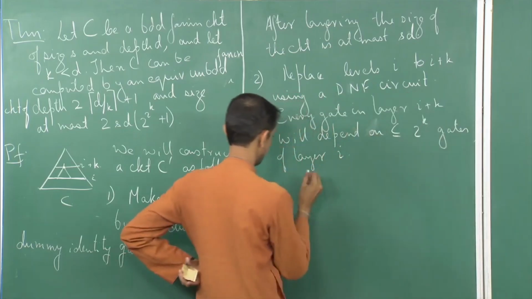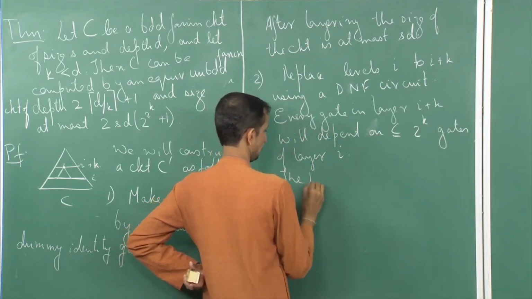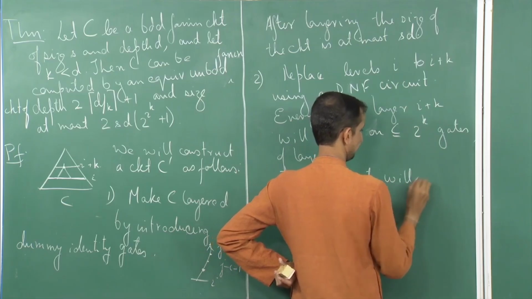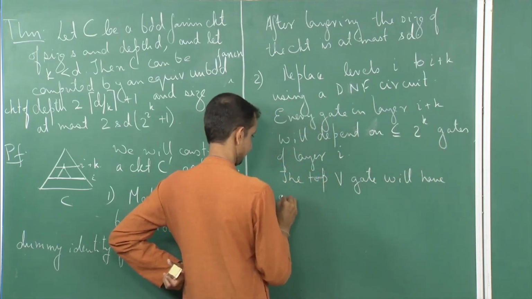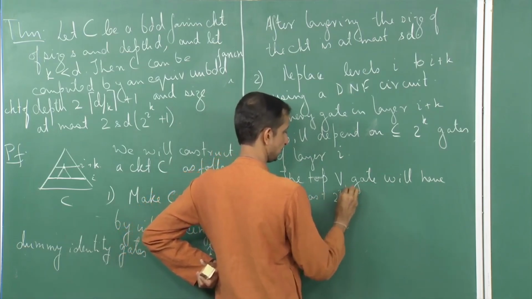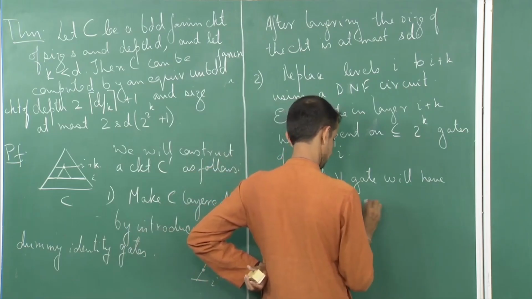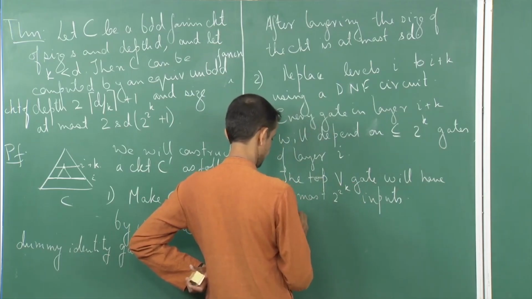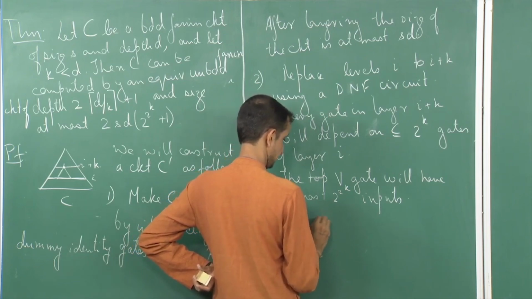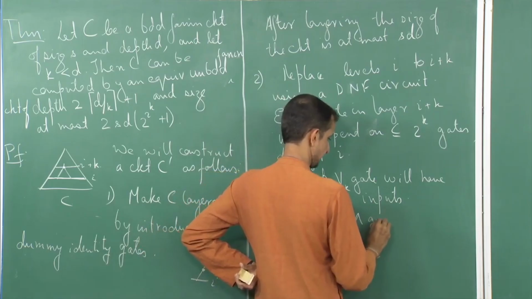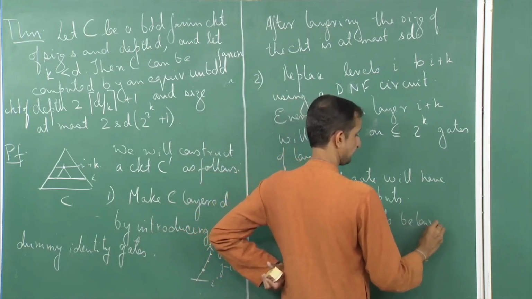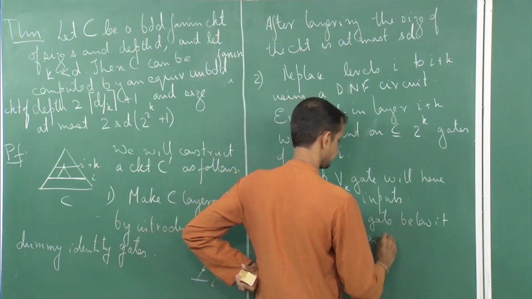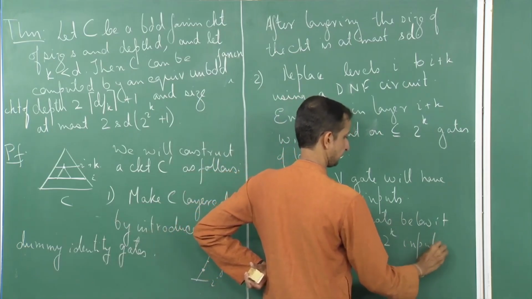So, let me write this down. The top OR gate will have at most 2 to the power k inputs, and every AND gate below it will depend on at most 2 to the power k inputs.